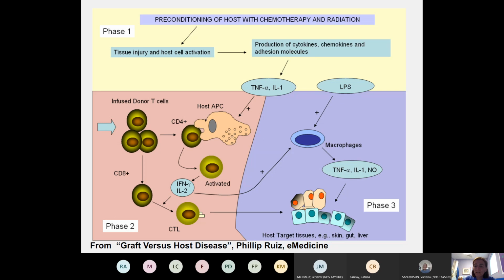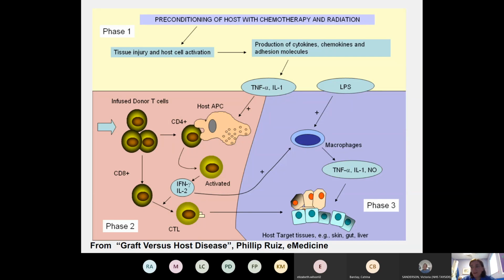And they are then primed to go and recognise inflamed gut, inflamed liver, whatever, as a target for their activity. So our healthy donor T cells are now recognising damaged host cells as a target.